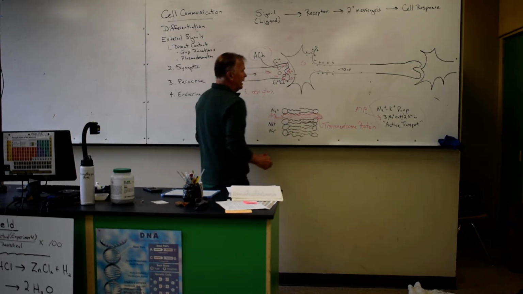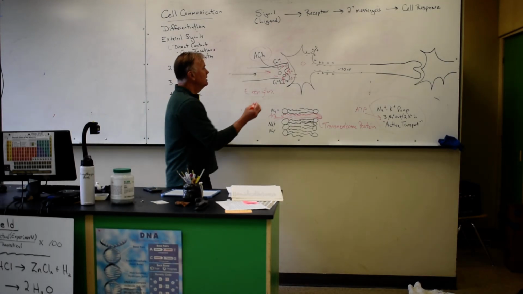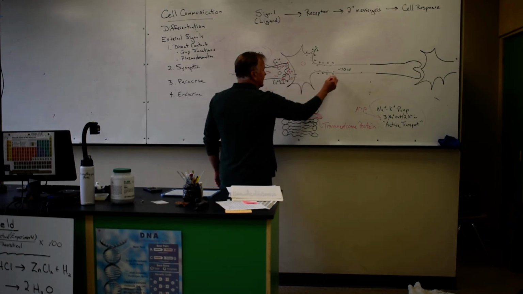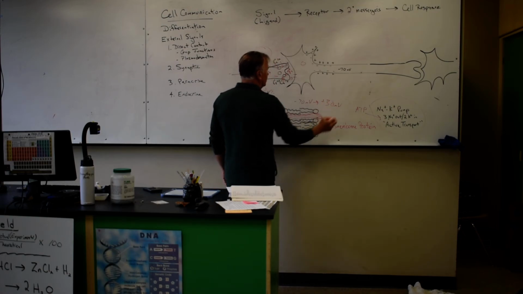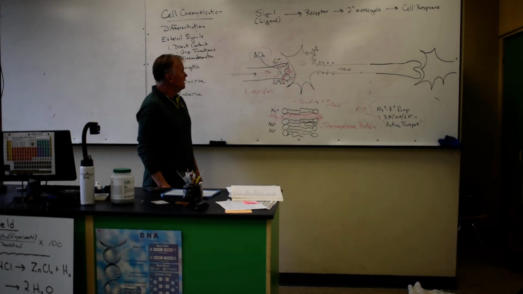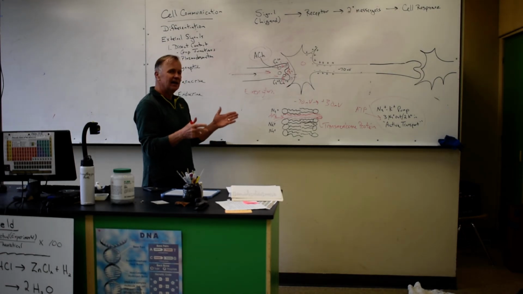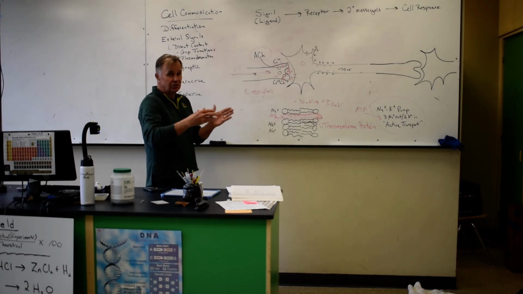And when it rushes in, it causes what is called a depolarization. So when this happens, it goes from being negative 70 millivolts to a positive 30 millivolts, very quickly.